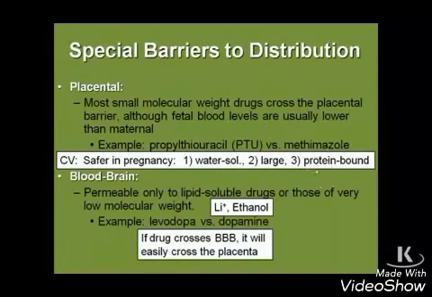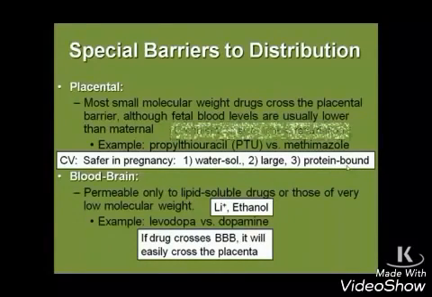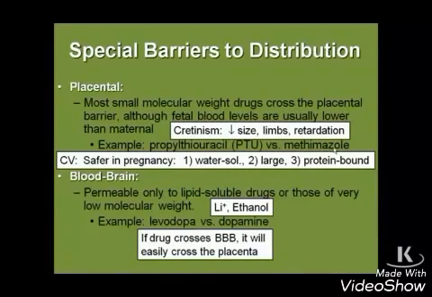And really related to the protein bound category here, when you think about this, that's probably how you choose between drugs. Okay? Many times drugs within a category, the one that is more highly protein bound is the one that's actually preferred in pregnancy. An example would be propylthiouracil versus methimazole. I mean, think about it. What's going to happen if you use one of these anti-thyroid drugs and they get into the fetus? Well, they can cause cretinism.